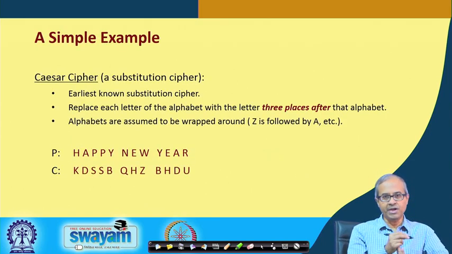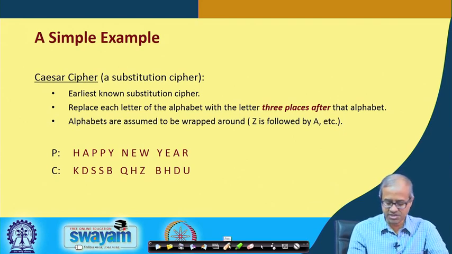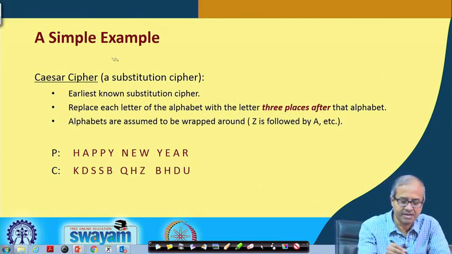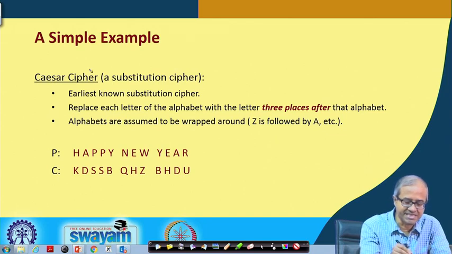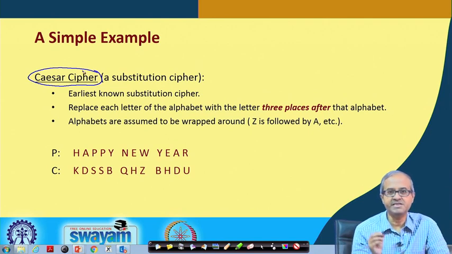Well, one of the oldest ciphers or encryption methods was referred to as Caesar cipher. This is essentially a substitution cipher where every letter or alphabet in the plain text is replaced by some other alphabet. Now, the way it works is very simple.